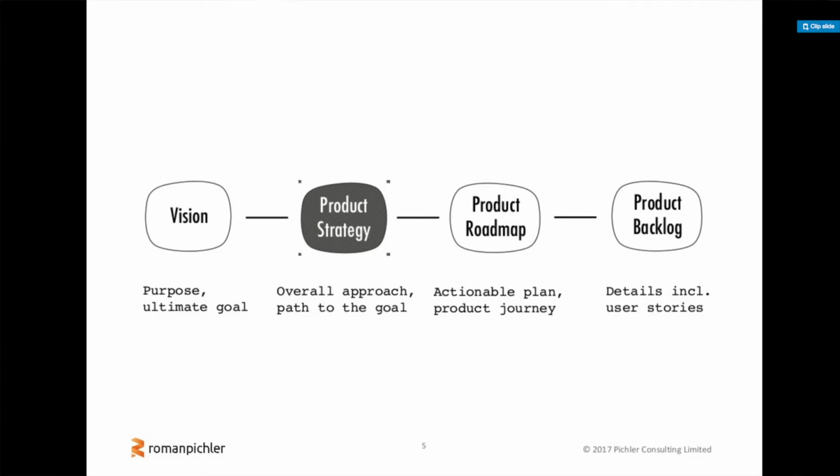And then the next step for me would be to derive the strategy. So again, it's the path towards your vision, towards the overarching goal. And your product strategy essentially wants to communicate how to achieve product success, how to make your product successful or keep it successful. What is the value your product should create for the users, and what is the value your product should create for the business.